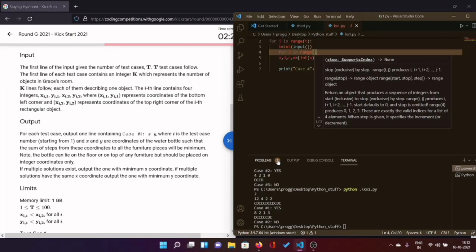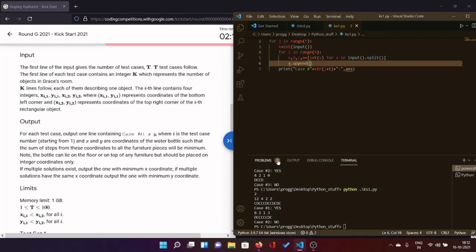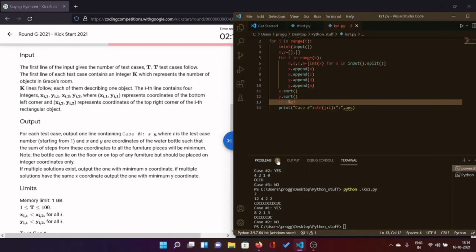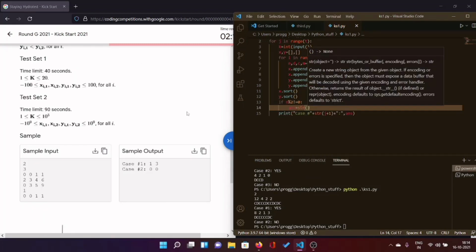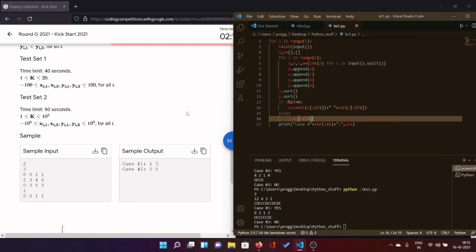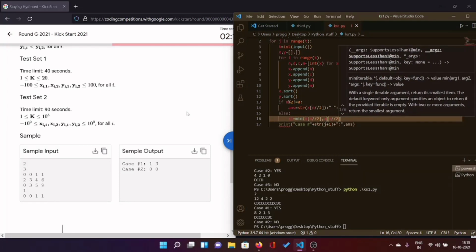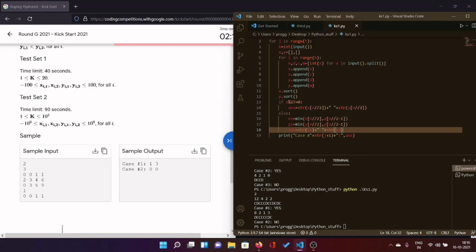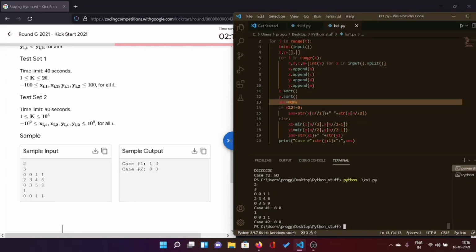What you can do to find the solution is find the median of the coordinates separately. For the x coordinates you find their median, and for the y coordinates you find their median. Since you are given 2 sets of coordinates for each object, the number of x coordinates and the number of y coordinates will always be an even number.